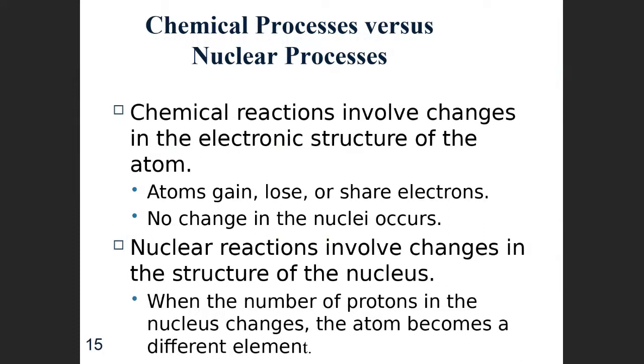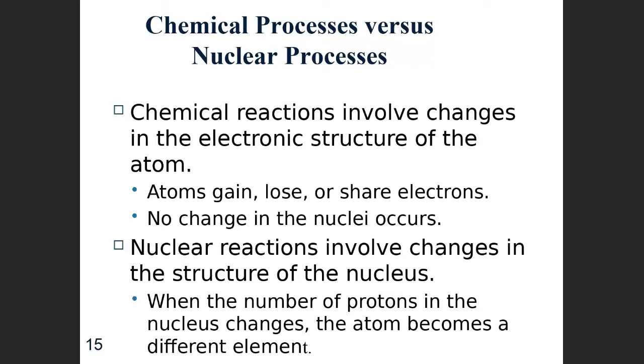Let's compare chemical processes against nuclear processes. Chemical reactions involve changes in the electronic structure of the atom. So the atoms will gain, lose or share electrons, but there is no change in the structure of the nucleus.